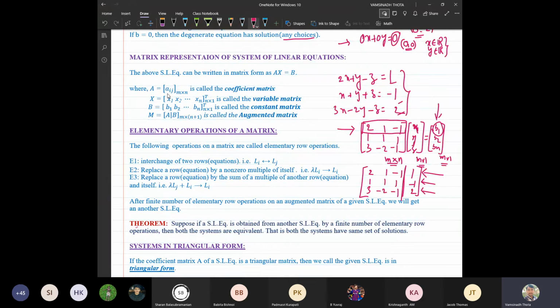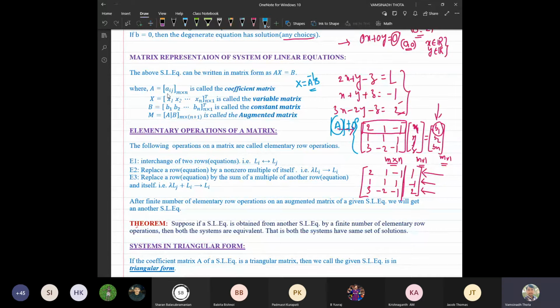What is the inverse method? Suppose the coefficient matrix A is a non-singular matrix, meaning with a non-zero determinant, then the solution exists and it is unique. In this case, what we used to write? The solution X is equal to A inverse times B. This is the unique solution.